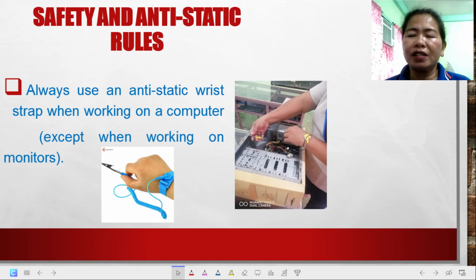The anti-static wrist strap is attached to your wrist, while the other end, at my right hand, is attached to any metallic part of the system case or the computer chassis. So that is one of the safety rules.